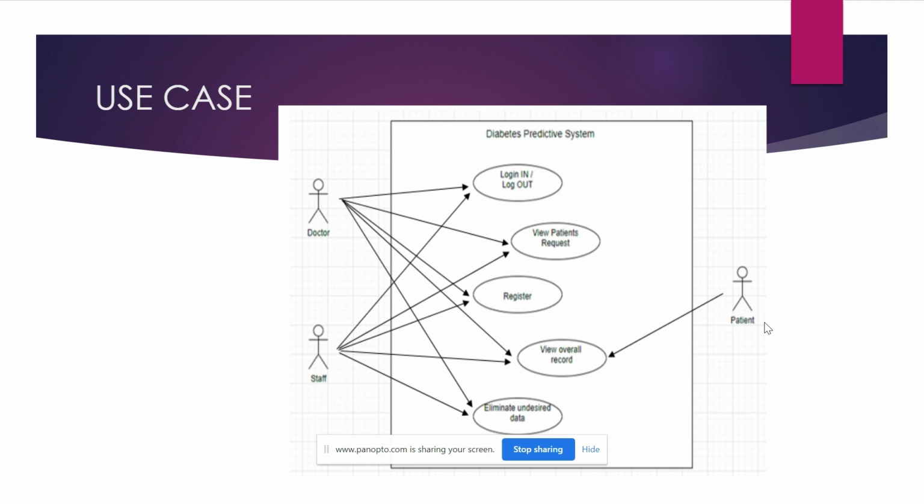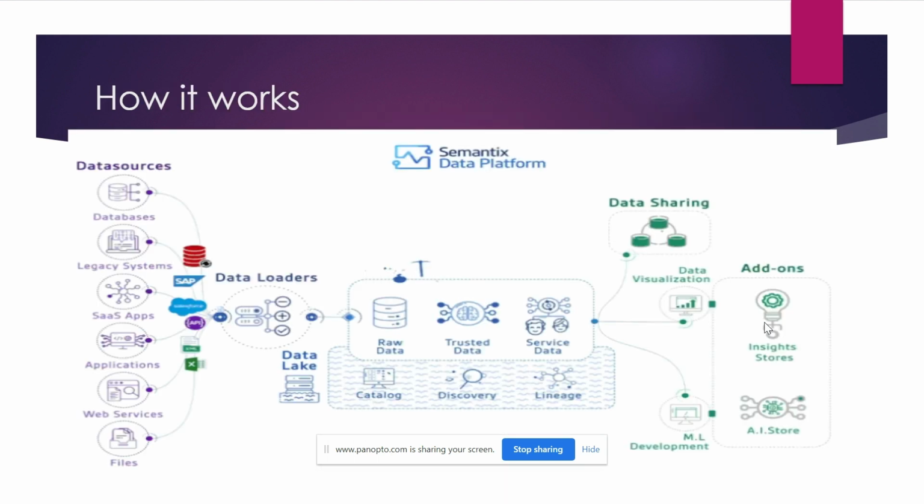Then this one is a use case. We can see that the doctor and the staff of the hospital can go through the data, and the patient is the one who views the overall record, like the statistics, like the poster, all those things.